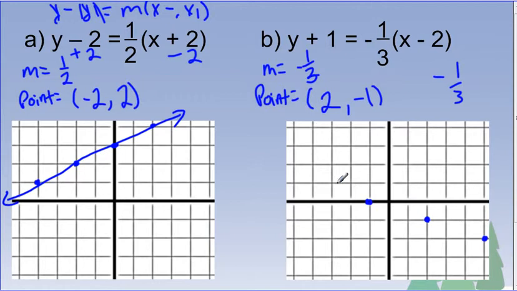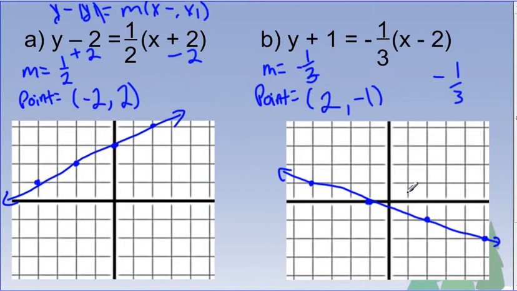I'm out of space that way, so that's our line. Notice how the points are in a nice straight line. Use a book or a ruler or a straight edge, or hopefully your freehand doesn't look ugly like mine. And that is the line. We pulled out our point, we pulled out our slope, we graphed it, we're done.